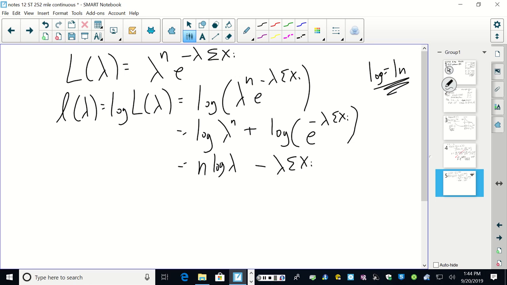And we're going to take the derivative of that with respect to lambda. Lambda is the unknown. So we take d log of lambda, d lambda. The derivative of a log is 1 over that value, so you get n over lambda. And this is lambda times a number, so you just get the sum of the xi's there.